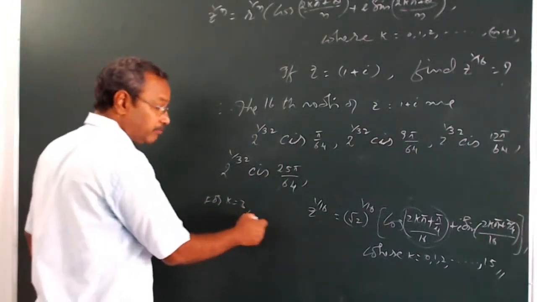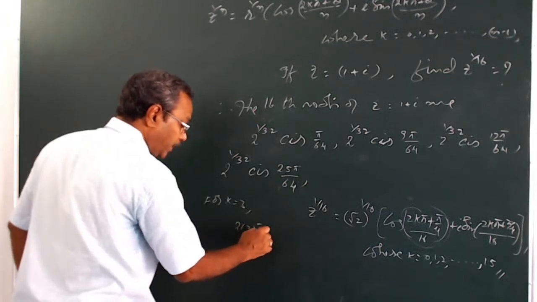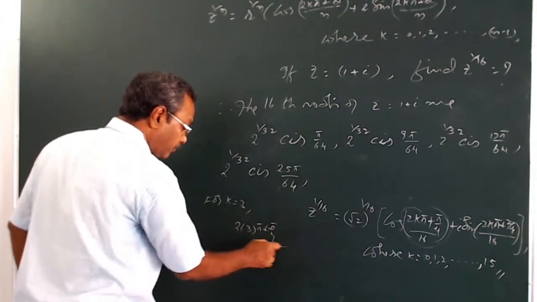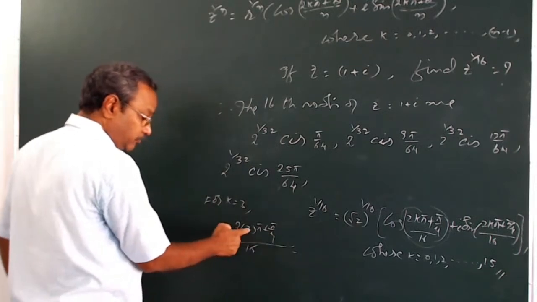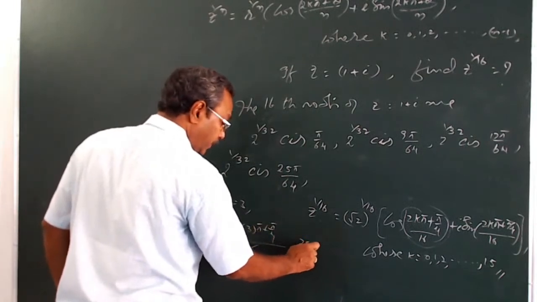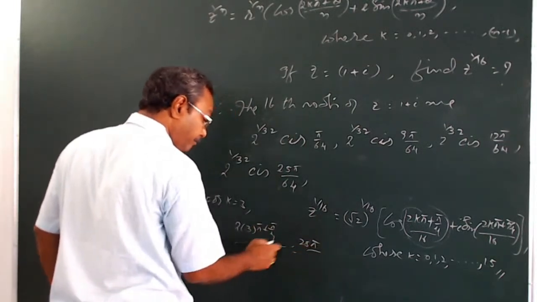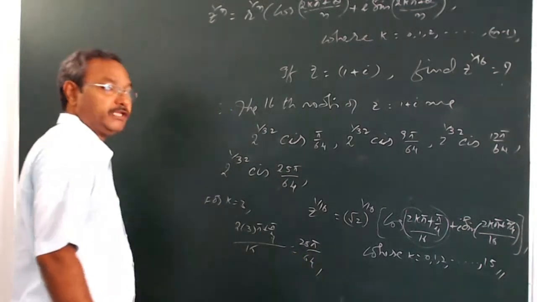So for k equal to 3, what will be this amplitude? 2 into 3 into pi plus pi by 4, all divided by 16. So this is 2 into 3, 6 into 4, 24 plus 1, 25 pi, 4 into 16 is 64.